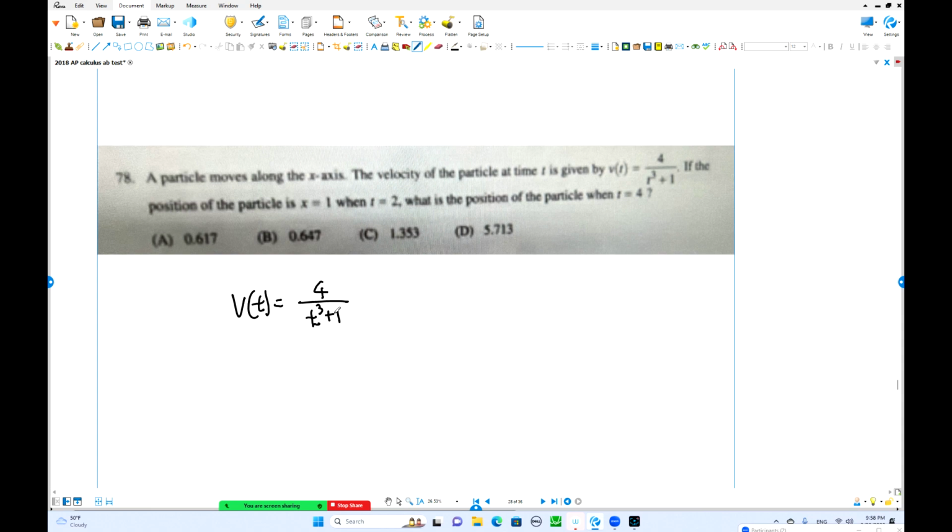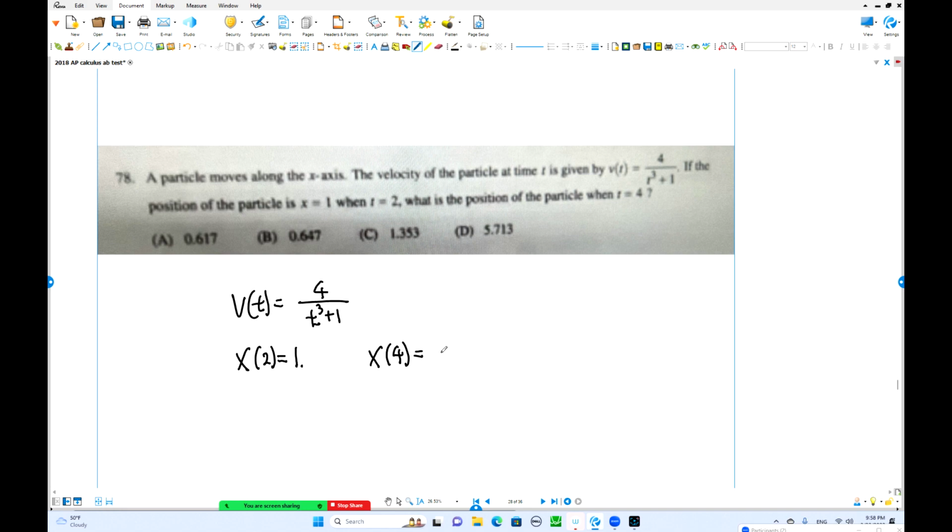If the position of the particle is x equals 1 at time t equals 2, that's the position. What is the position of the particle at t equals 4? We're going to find t equals 4.